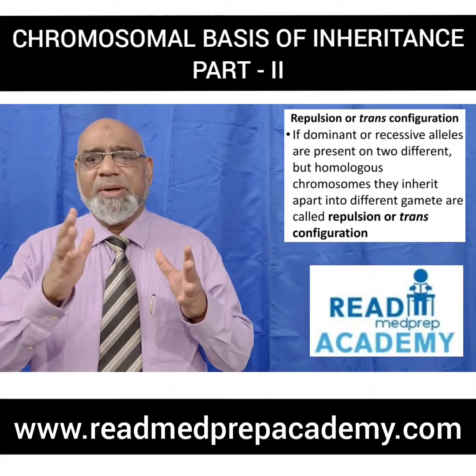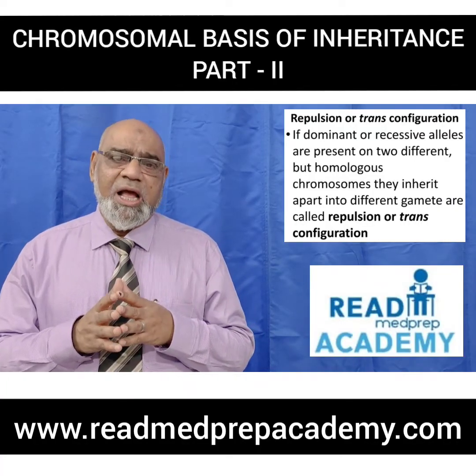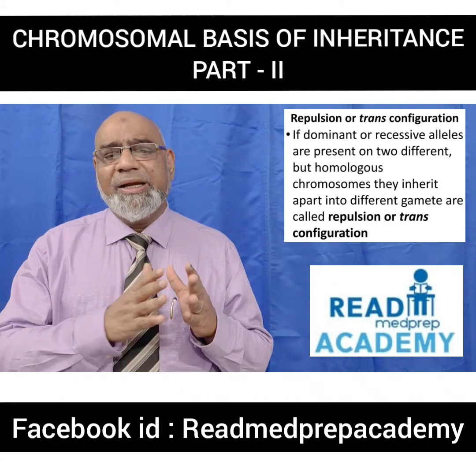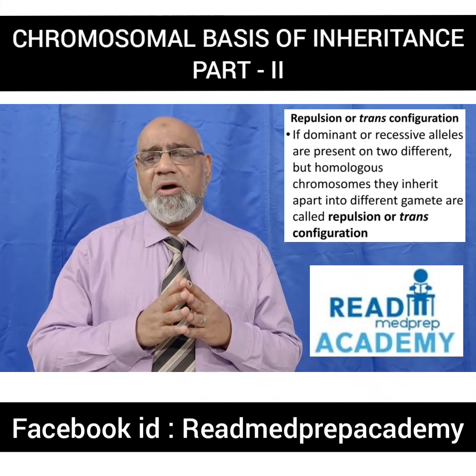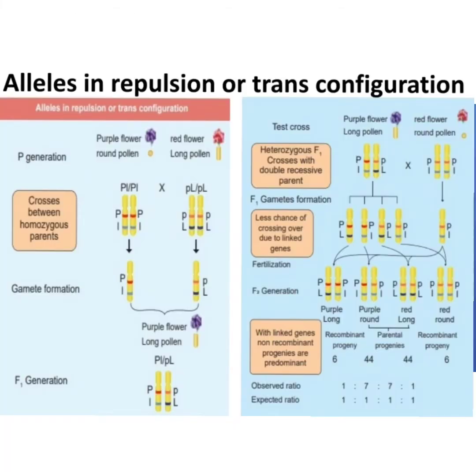Now, what is repulsion or trans configuration? If dominant or recessive alleles are present on two different but homologous chromosomes, they inherit apart into different gametes, and this is called repulsion or trans configuration. Here you can see in this image the purple flower with round pollen and a red flower with long pollen, which are the parents, and the crosses between the homozygous parents are done.